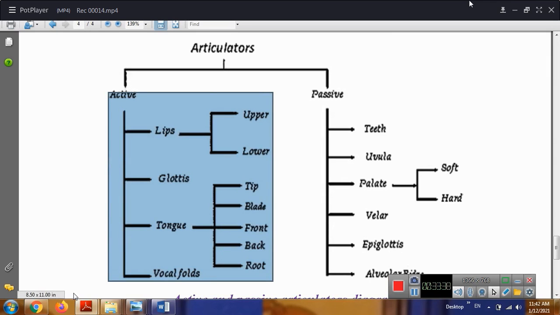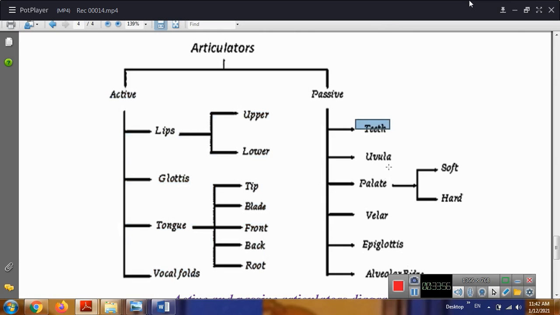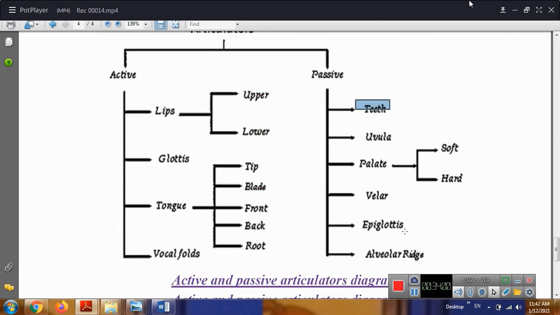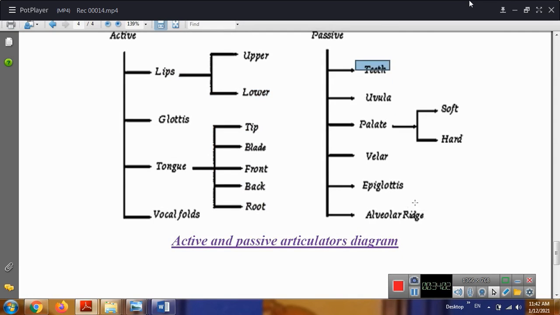The active articulator moves toward the passive ones to produce a sound, and the passive articulators were the teeth, which the tongue moves toward, uvula, palate, soft and hard, velar, epiglottis, and alveolar ridge.